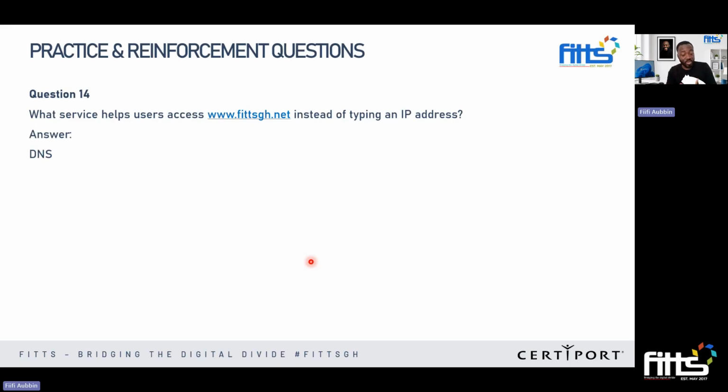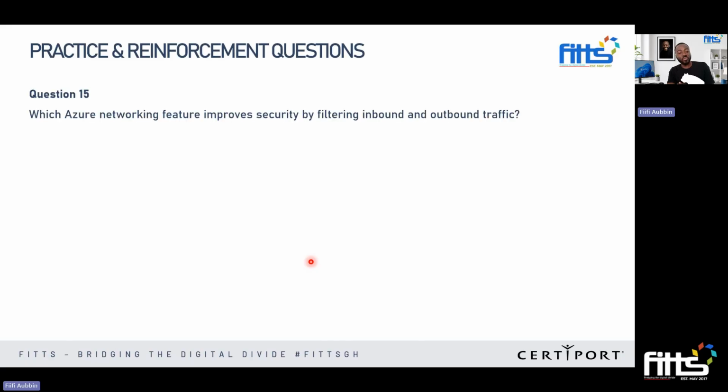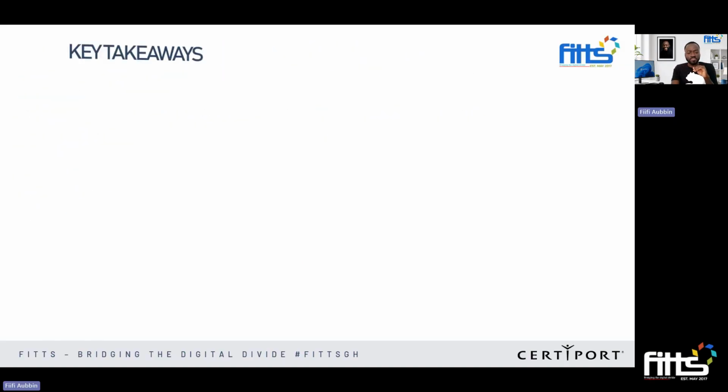So our Internet Phone Book, DNS, okay? Then question number 15, which Azure networking feature improves security by filtering inbound and outbound traffic? Our security officer: DNS, VPN Gateway, NSG, load balancer. So the obvious answer is NSG, which is C.